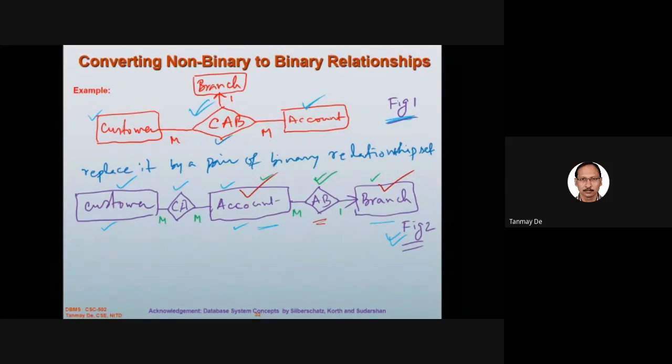So it may be possible that an account number exists and belongs to a particular branch, but for that account there is no specific customer. And similarly, it is also possible here that a customer has an account without connecting or associating with any branch.